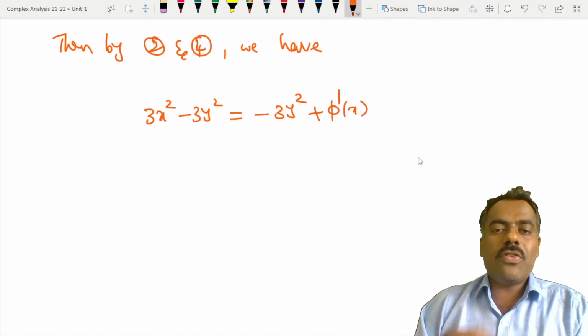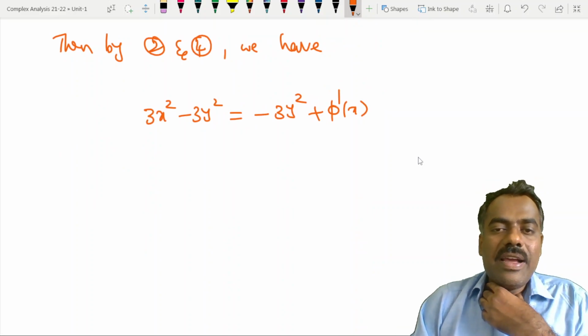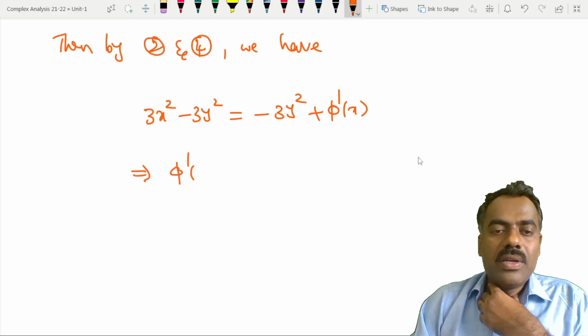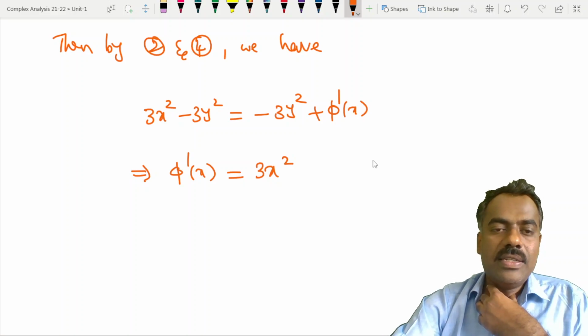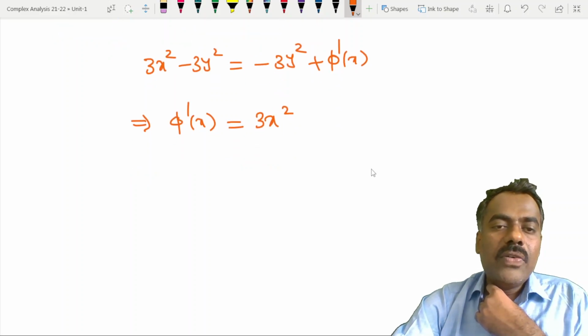So minus 3y square will get cancelled, and phi dash of x is equal to 3x square, right? So therefore, how will you get phi of x?